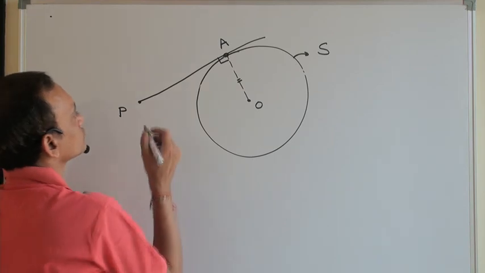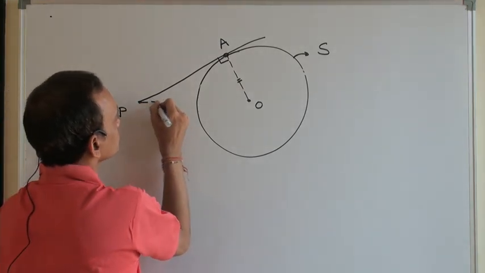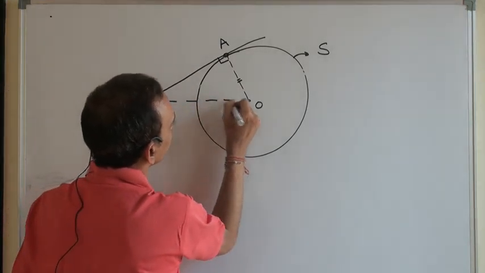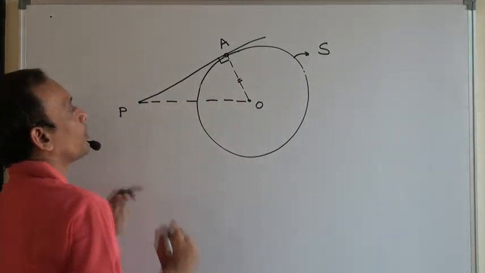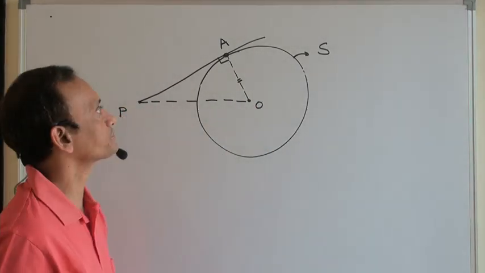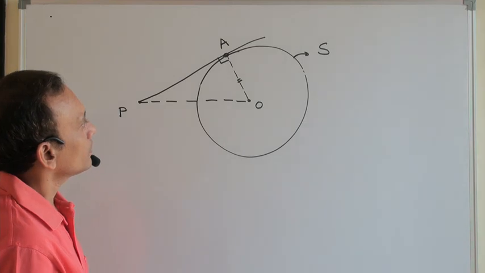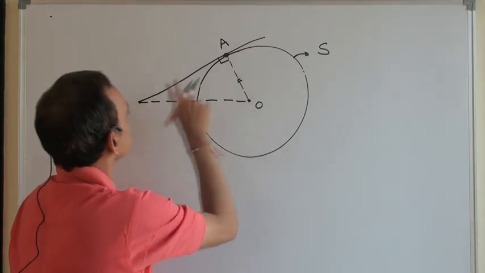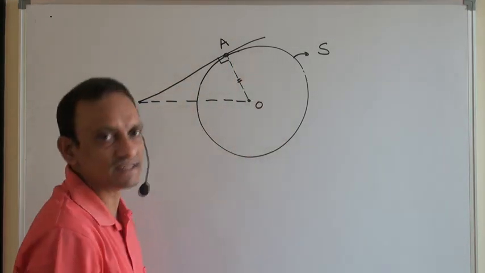Now, let me join the external point P to the center of the circle. This is 90 degrees. The angle PAO is 90 degrees.